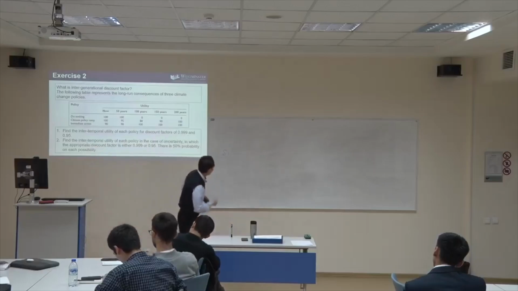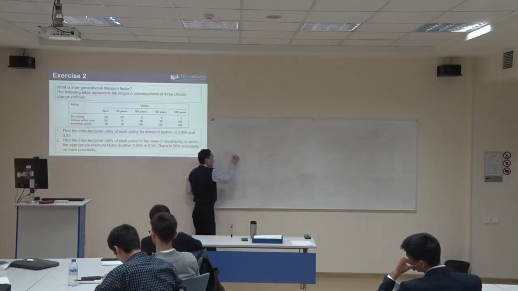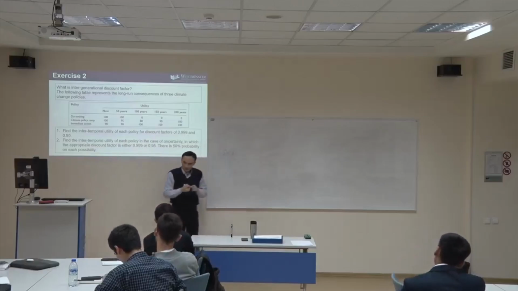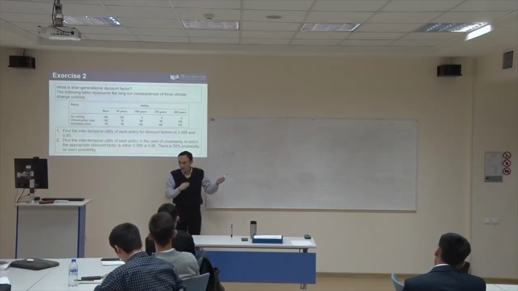If the discount factor is equal to 1, students, it means that we see our children's utility the same as ours. We really care about them.